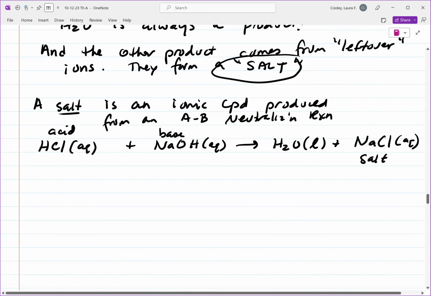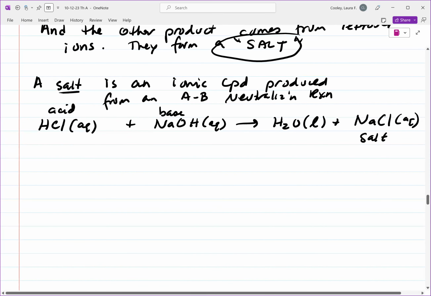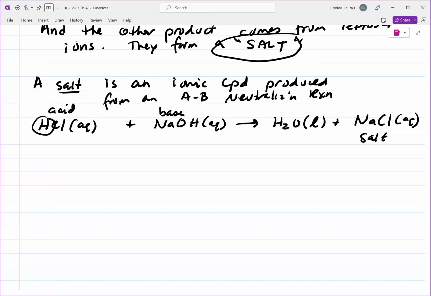Okay. So when you try to find the products of an acid-base neutralization, you can think of it as a double exchange. In other words, you could put this H with this OH minus to get HOH, but you have to write it as H2O because that's what it is.